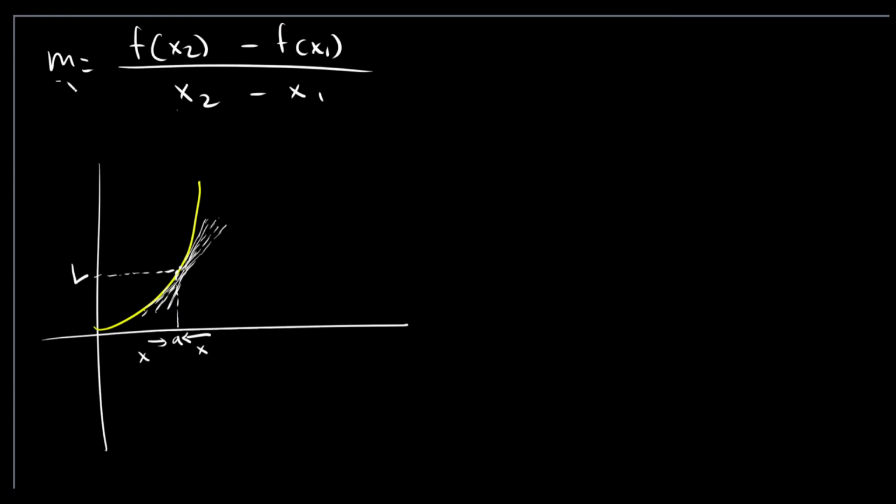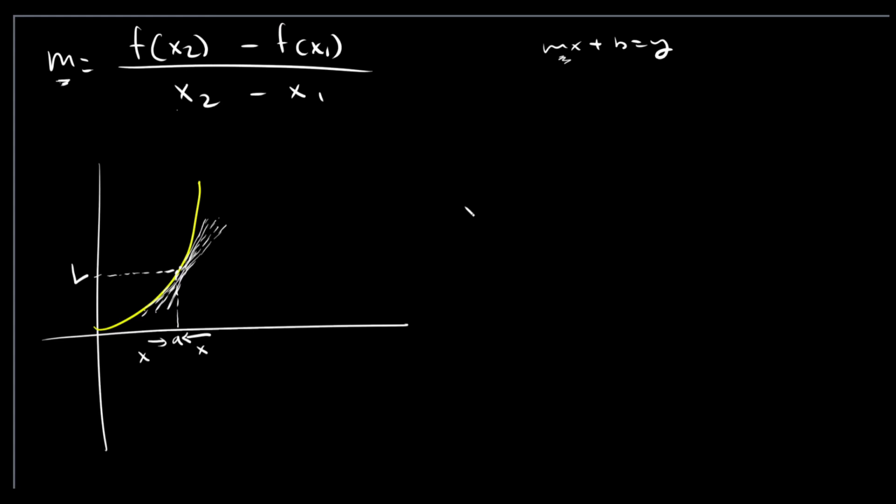So this is my slope from my equation of the line. You guys don't have to find the equation of the line, we have to find the slope. So we're basically approximating the slope.